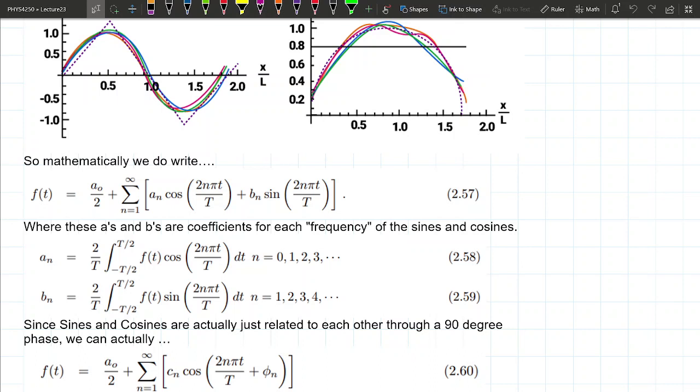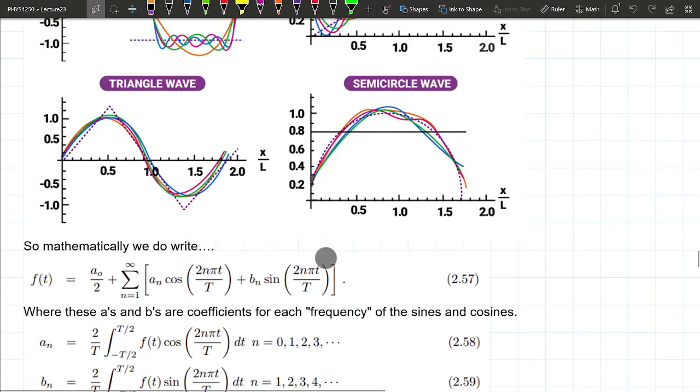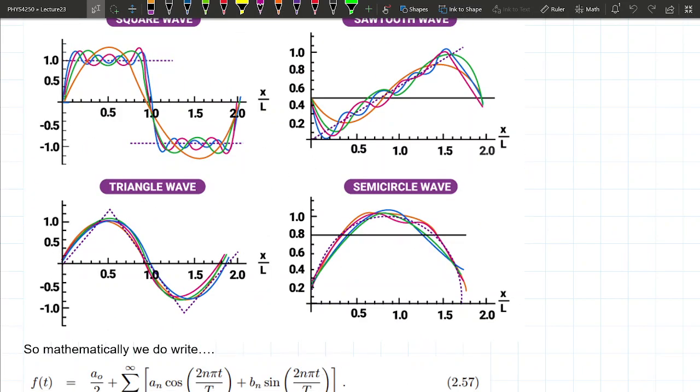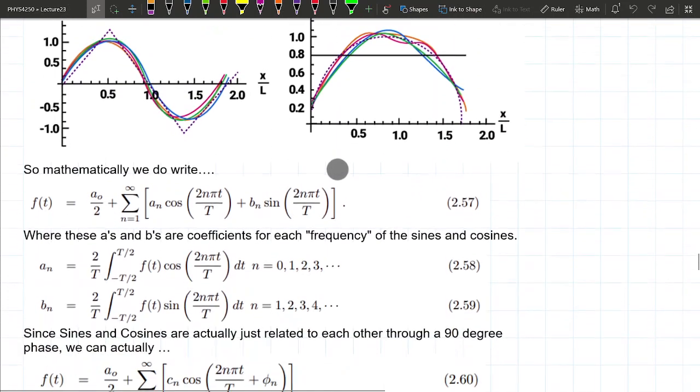In this example up here, the omega t term has a big amplitude, but you want to add just a little bit of 4 omega t on top of it to make it straighter and straighter. That allows you to weight these functions so that you're not adding them equally.